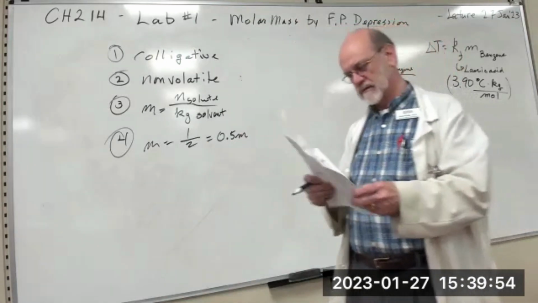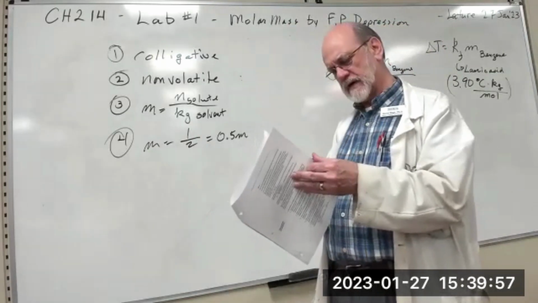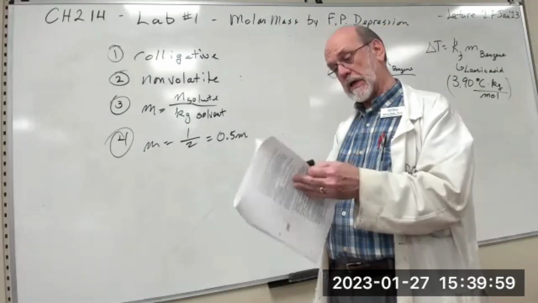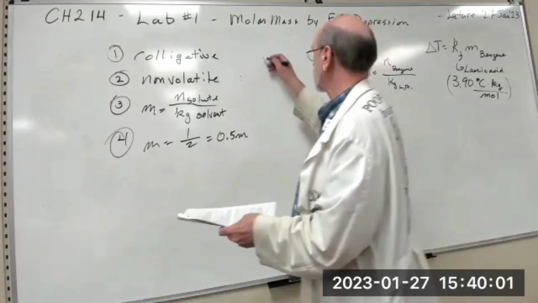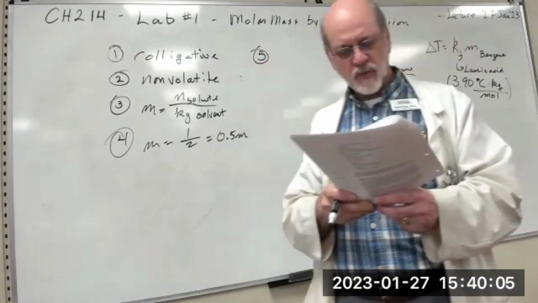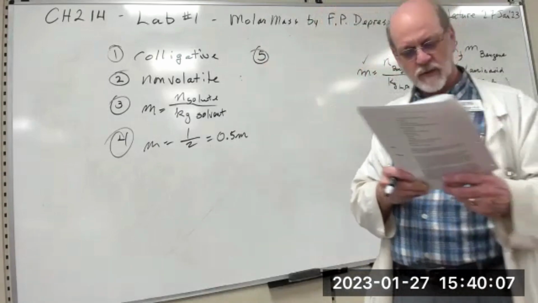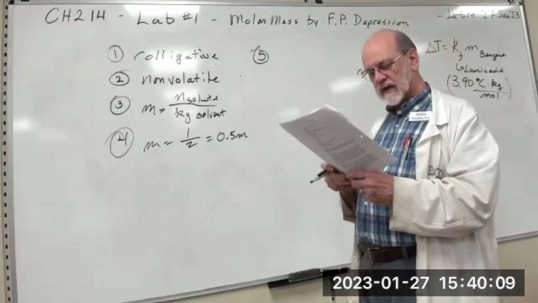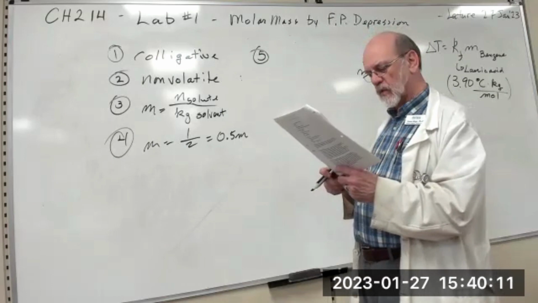Number 5. Let me see, is that the last one? Yeah. So 5 asks, calculate the freezing point depression of a solution that contains 1 mole of non-volatile solute and 0.2 kilograms of water.